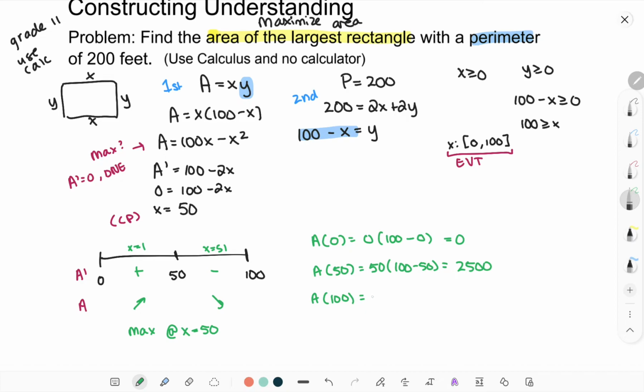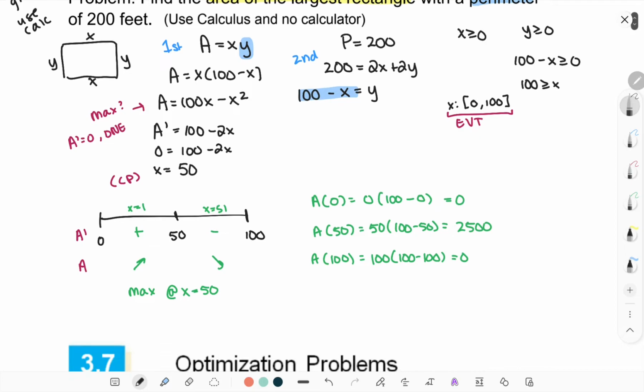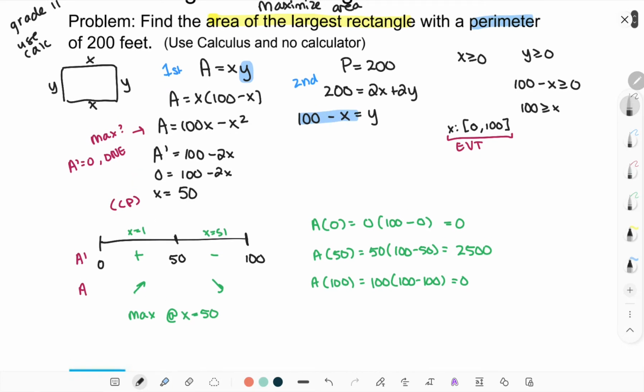And lastly, 100 times 100 minus 100 is going to give me another 0. So in this case, extreme value theorem tells me that 2,500 is my maximum area given an input of x.